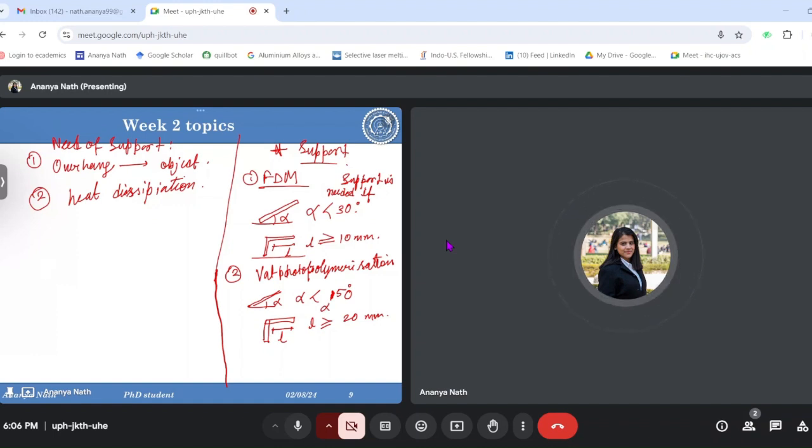Or if the alpha is less than 20 degree, for example, and the length is more than or equal to 20 millimeter, then only support is needed.